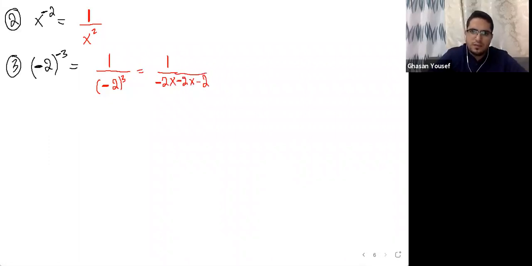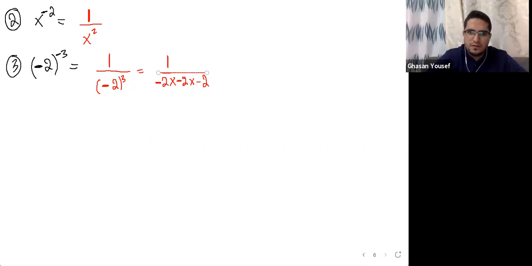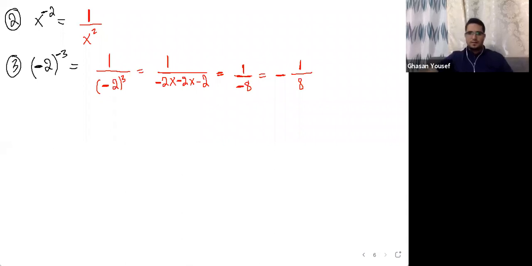And the answer for this one, 1 over 8, 1 over minus, don't forget the minus, -8, because minus times minus is positive, times minus, they give me negative. So it's 1 over -8, and you can write it as negative fraction, 1 over 8. Okay?